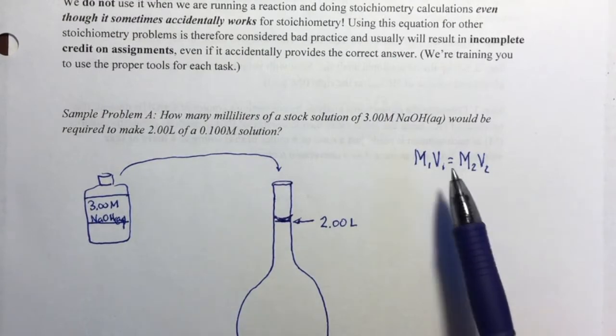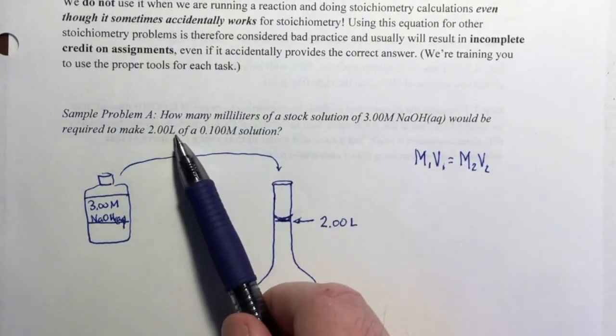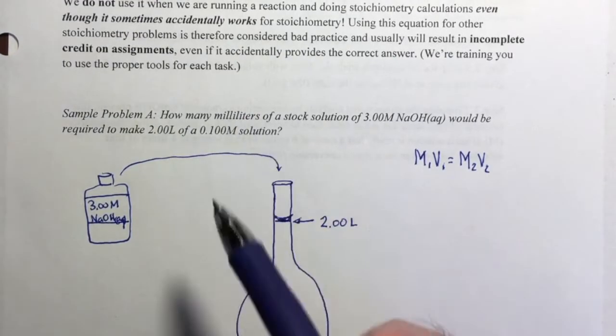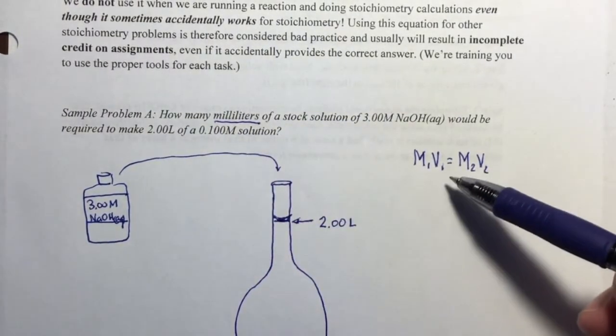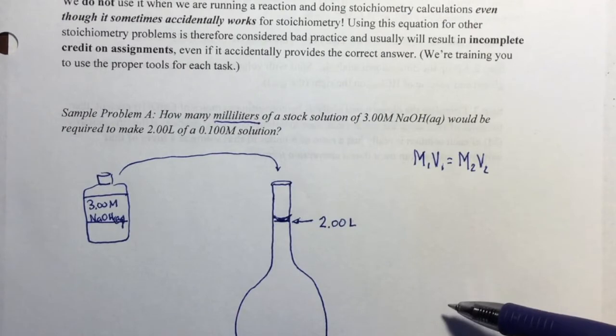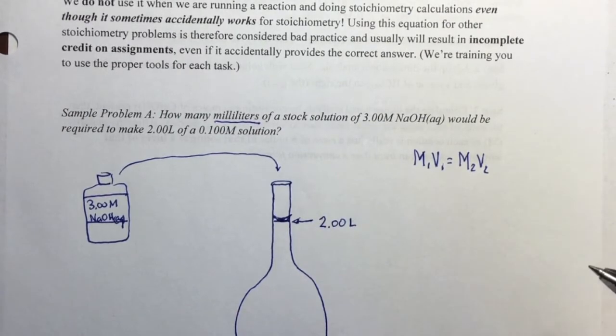So when you solve for V1, you will get units of liters, but the question is asking for milliliters. After you get your V1, you're going to have to convert that to milliliters. So go ahead and pause the video and do that, please.